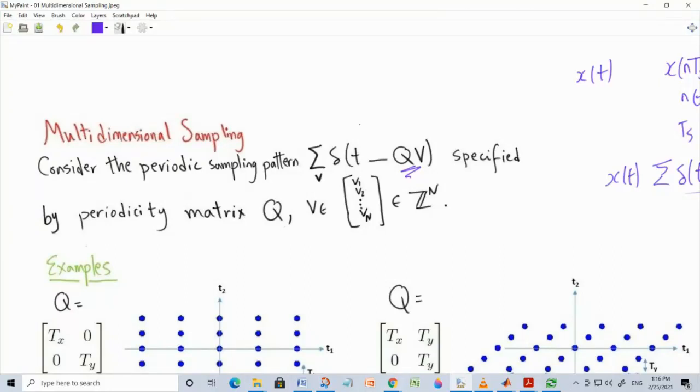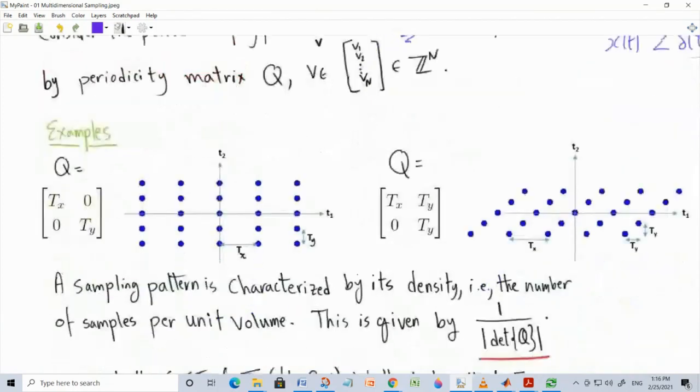And so now we have T. T, of course, is now to be understood as a vector T1 to Tn, n dimensions, and V is a vector of integers in the n-dimensional space, and Q is an invertible n by n matrix.